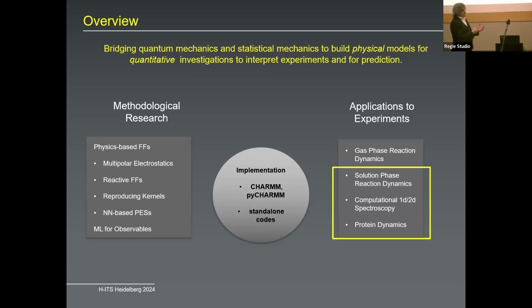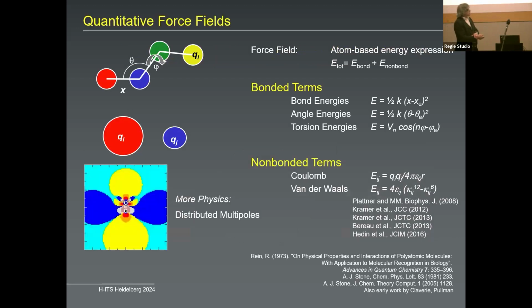One of the aims is to put this into software, and this is often included in Charm, or nowadays also PyCharm. There's a Python version of Charm. And then we apply this to a range of observational regimes and examples. So I will talk about mainly computational spectroscopy today and some protein dynamics. Only a little about solution phase, reaction dynamics, one example.